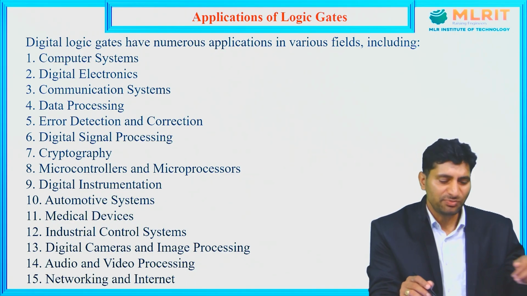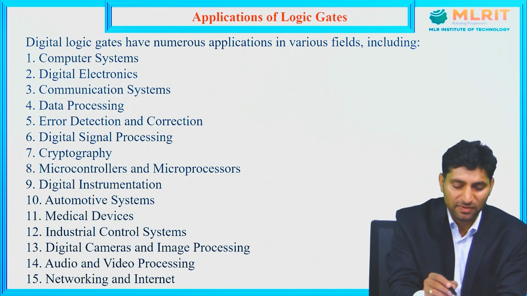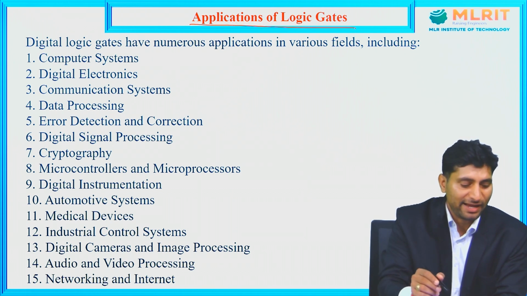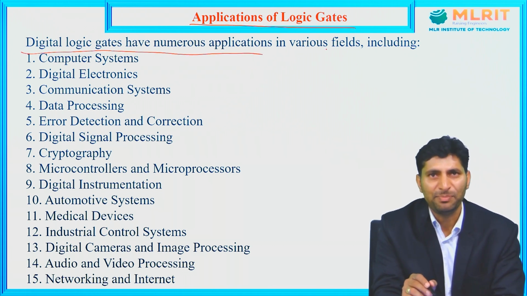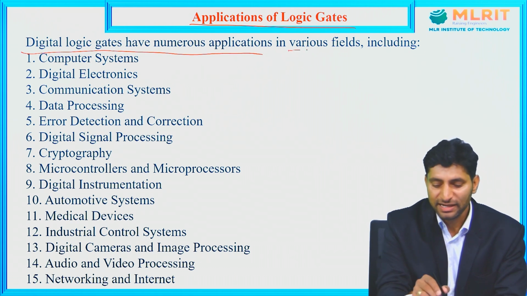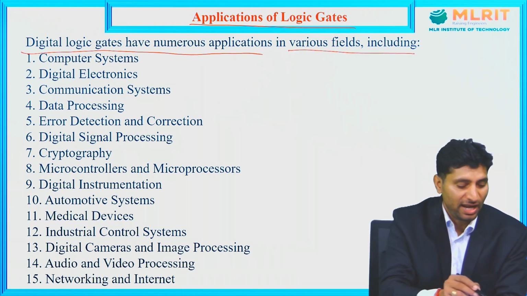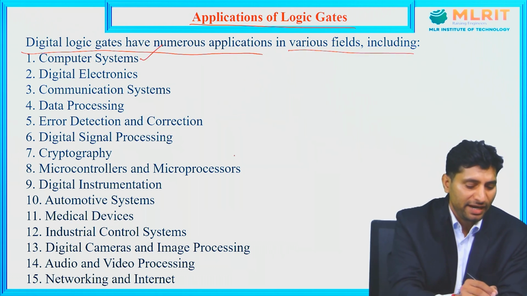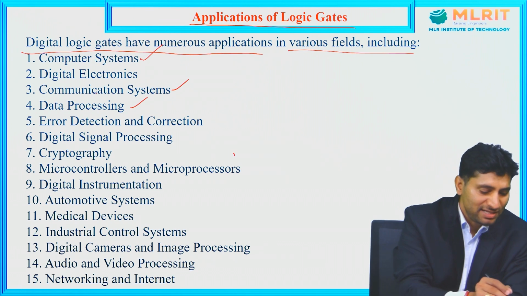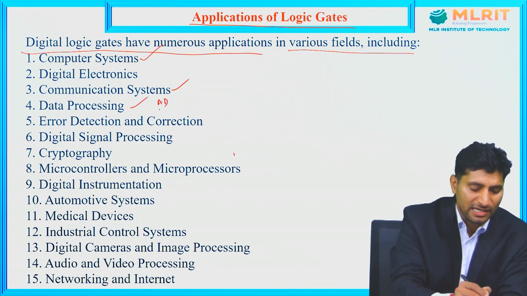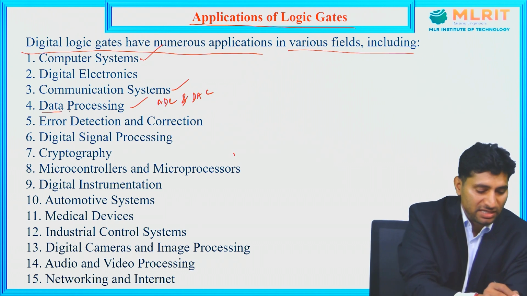Now let us move on to the applications of logic gates, where I can apply them. So digital logic gates have numerous applications in various diversified fields like computer systems, digital electronics, communication systems and data processing. I'll use this data processing as ADC and DAC in communication itself.